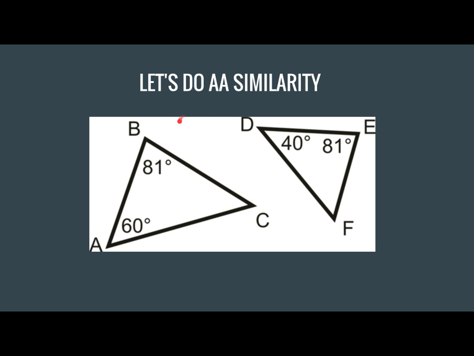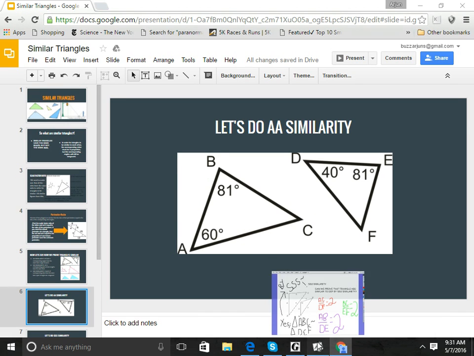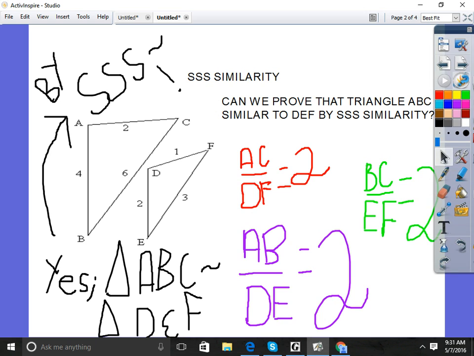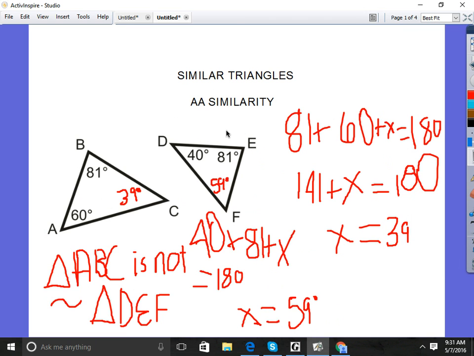Alright, now it's time for some examples. Similar triangles, angle similarity.